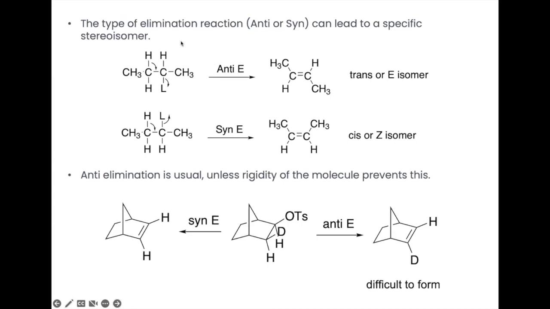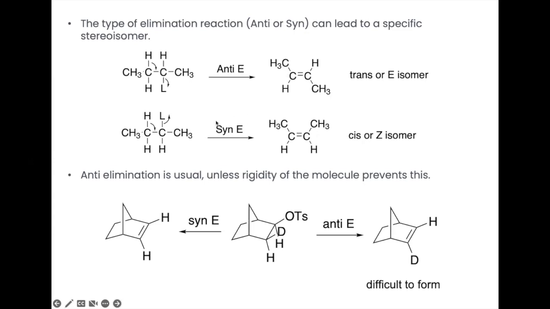Now, the type of elimination reaction will lead us to a certain stereoisomer. Okay, so for example, here, kung anti-elimination, we are going to remove this proton and this leaving group. Tama? Forming a trans or E isomer.